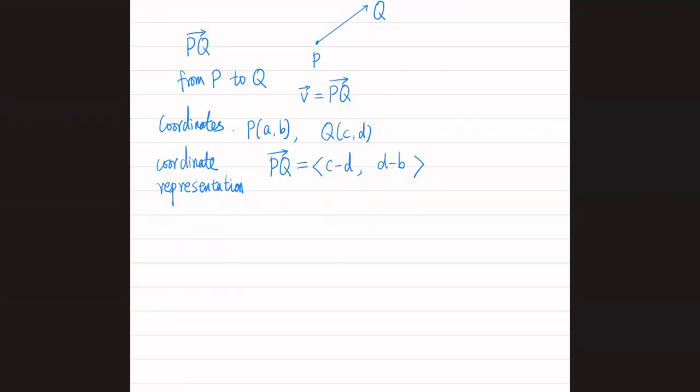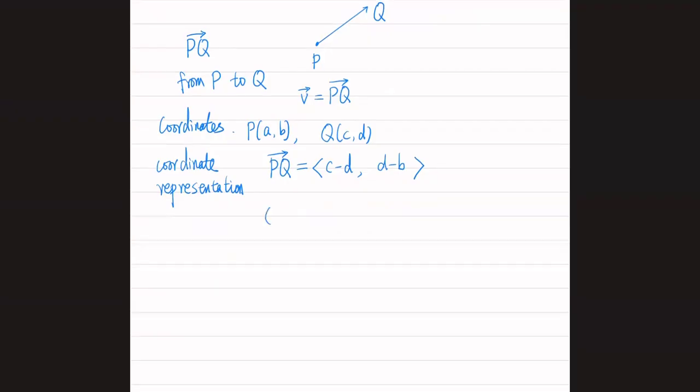Now let me check with you. What are the coordinates of the following vector, QP? Enter your answer in the chat. What's the difference between these two vectors?